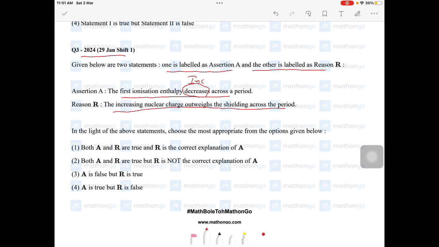So A is true, R is right. Option first one: A and R true, and R is the correct explanation of A. A is false but R is true.